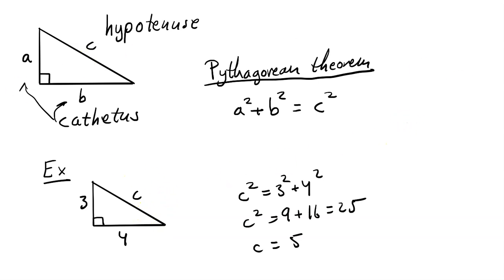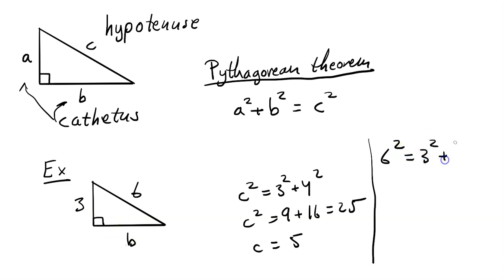Or for example, if we instead would have known one cathetus and the hypotenuse, we could have found out the third one. So let's say that this is 3 and this is 6 and we don't know this one. Let's call it b, according to the other figure. Then we could solve it using the Pythagorean Theorem, because we have 6 squared equal to the sum of squares of these two.